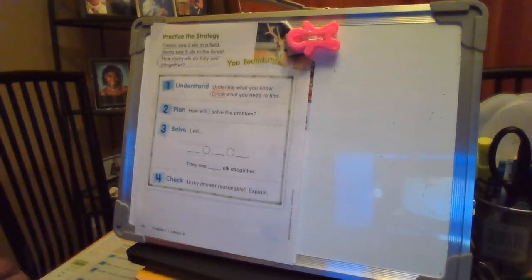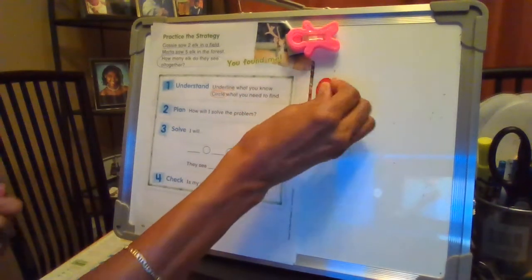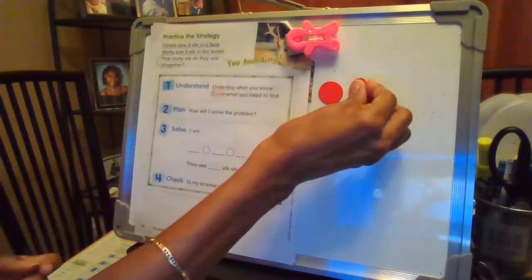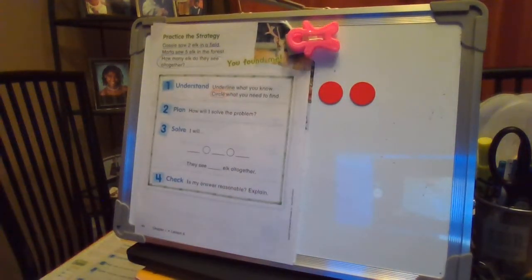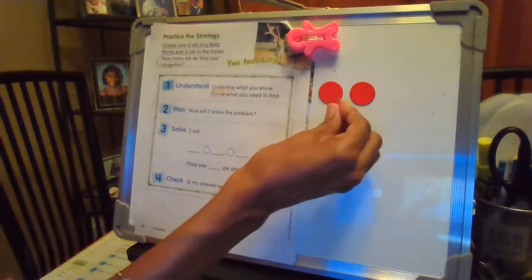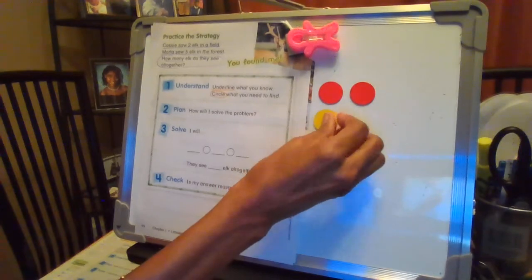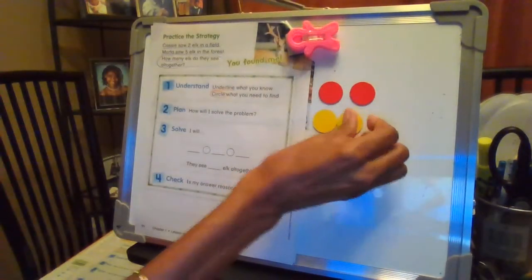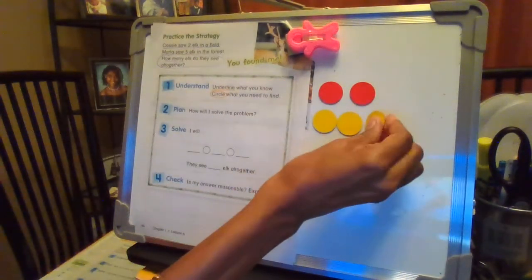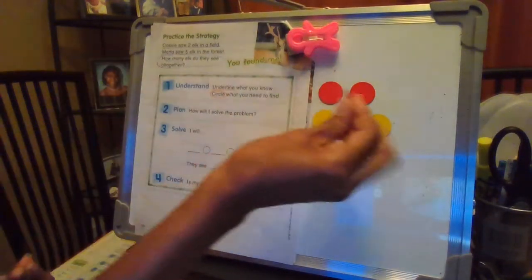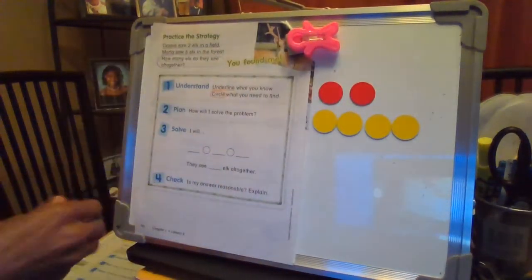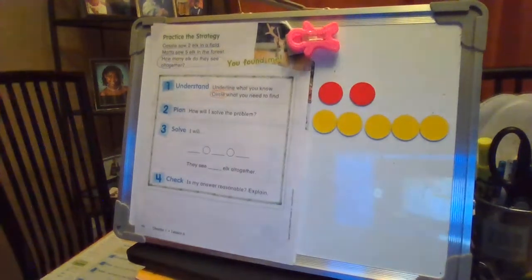So Casey saw 2 elk in a field. So here's my 2, 1, 2. And Marta saw 5. I'm going to use a different color to show Marta saw 5 elk in the forest. 1, 2, 3, 4, and 5.